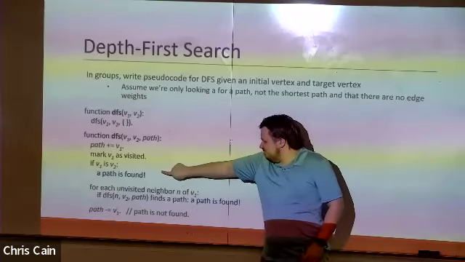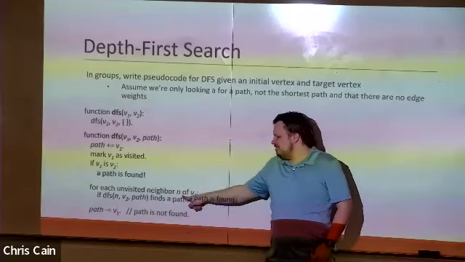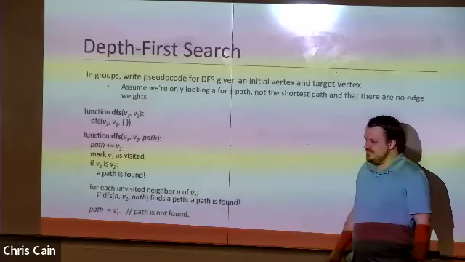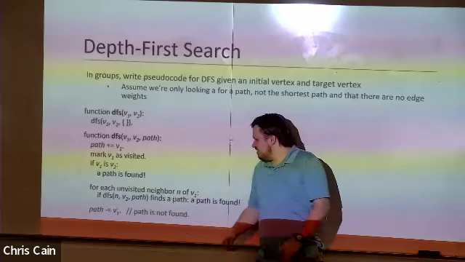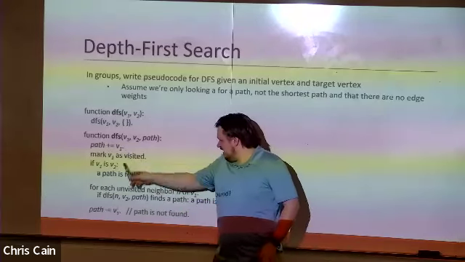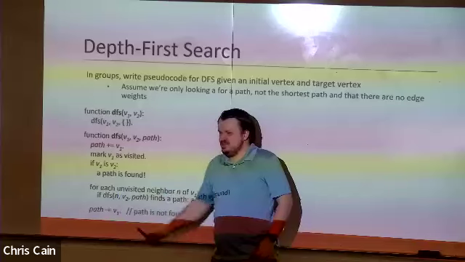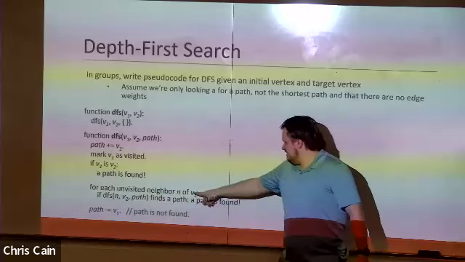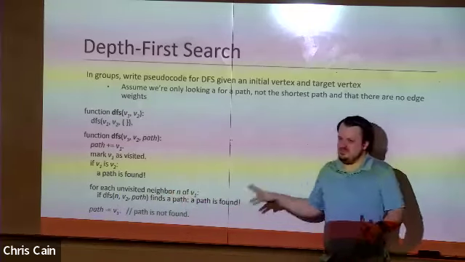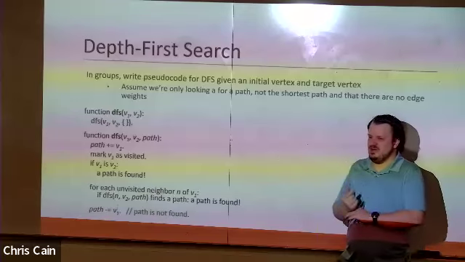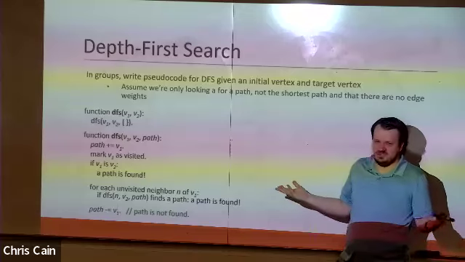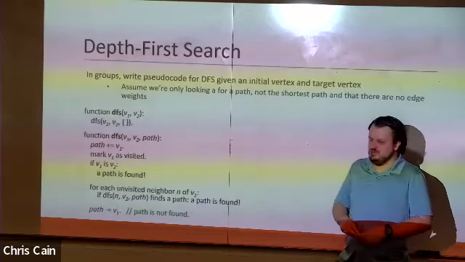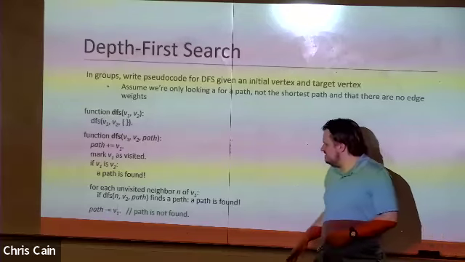If this is not true, then we're going to go through all of the neighbors of this recursively, and we're going to call depth first search, now instead of on V1, n is going to become the new V1. This ordering is going to be that same natural ordering that we talked about before. If they're strings, then we'll do it alphabetically. If they're numbers, then we'll do it in numerical order of some kind.